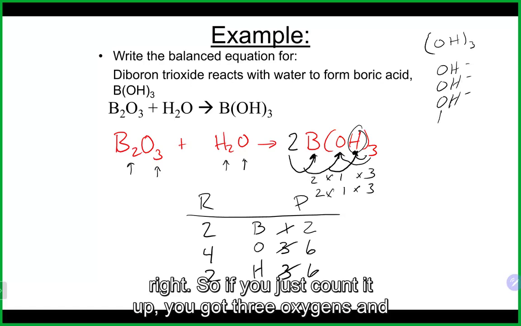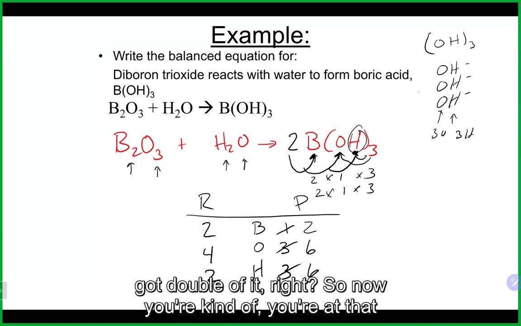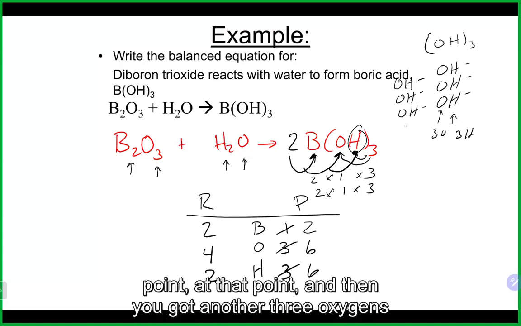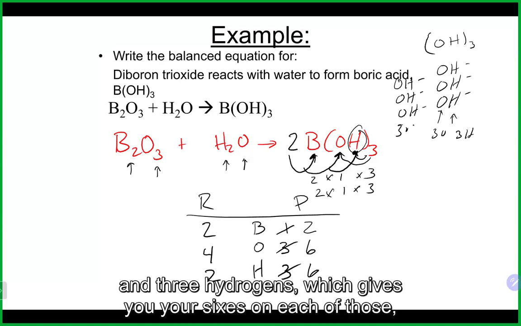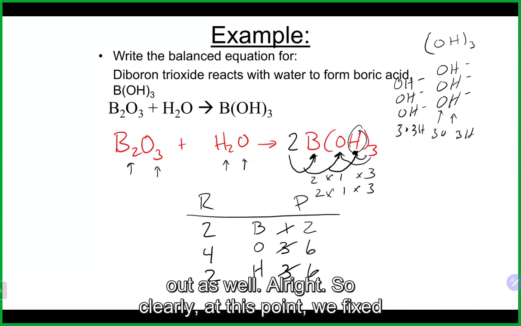So if you just count it up, you got 3 oxygens and 3 hydrogens. Now, when you put the 2 in front, you now got double of it, right? So now you got another 3 oxygens and 3 hydrogens, which gives you your 6s on each of those. Yeah. So again, you have to multiply in and multiply out as well.